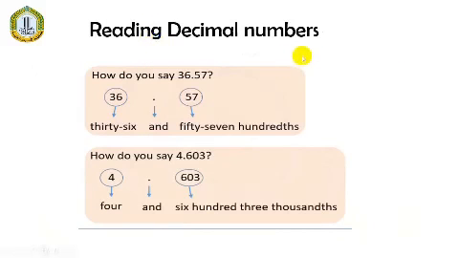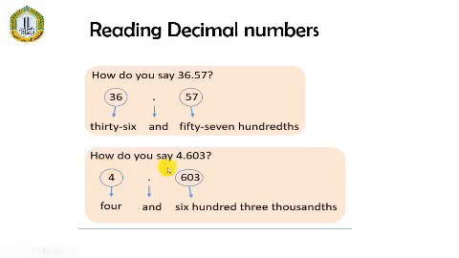Reading decimal numbers. How do you say 36.57? We have 36 in the whole part. It's read as 36. The decimal point is read as "and", and the 57 to the right of the decimal point we read as 57 hundredths.